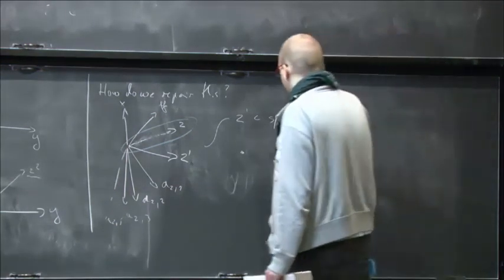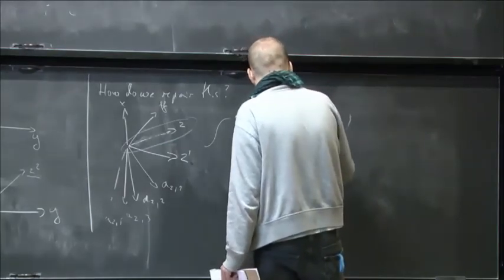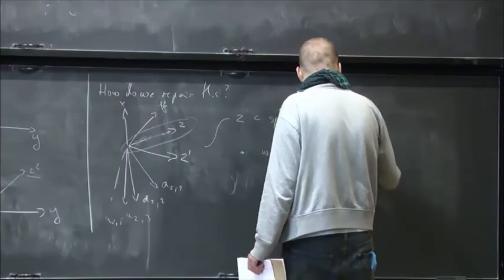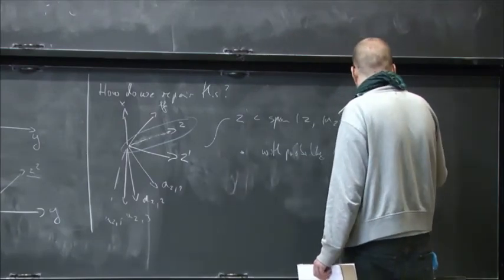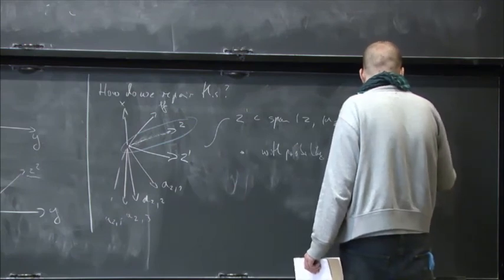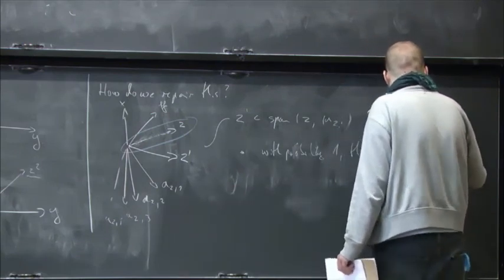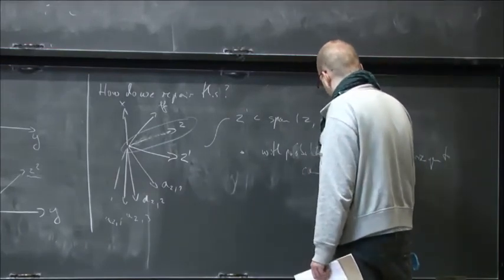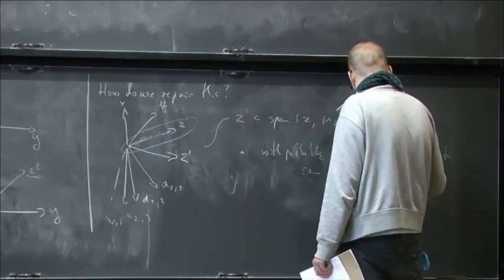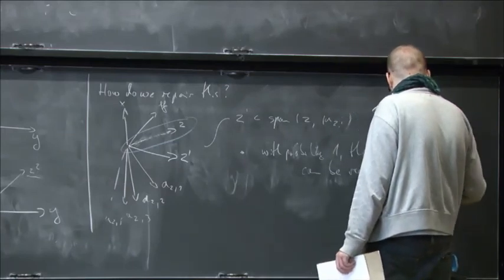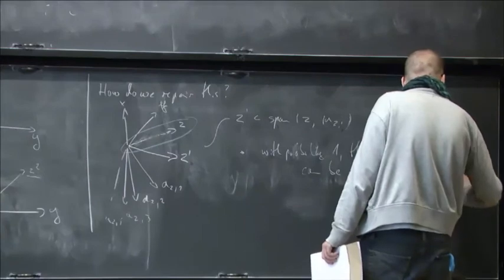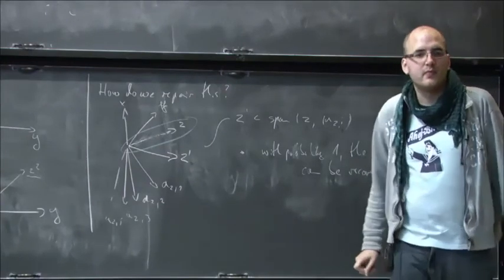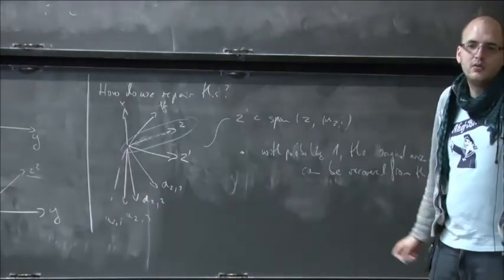Well, with probability 1, the original arrangement can be recovered from the modified one. Why is that? Yeah, precisely.